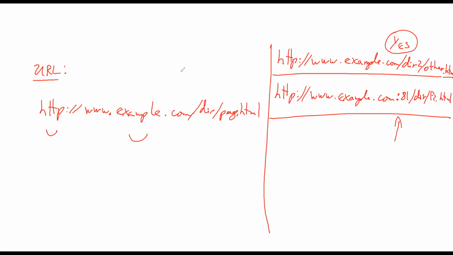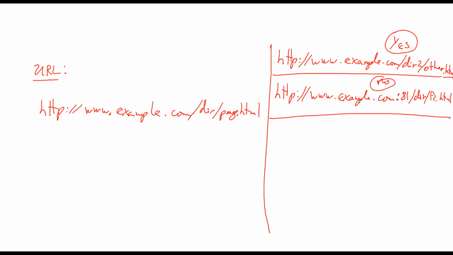We're going to assume this one is port 80, given that it's probably the default one. So what would you conclude? If it was 80 and the other one, then it would be different, right? They're different. Exactly. So these are different.